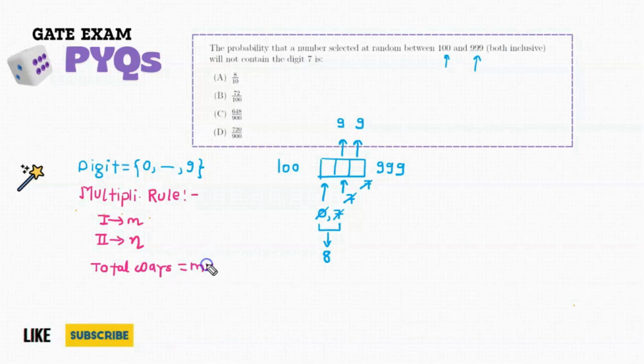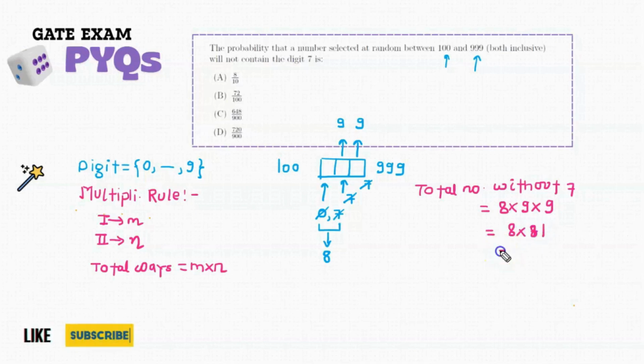It is going to be m times n. So here, the total number without 7 as any of its digits, using the multiplication rule: first place we have 8 choices, for the second we have 9, and for the third also we have 9 choices. So if you multiply this, 8 times 81, it is going to be 648.